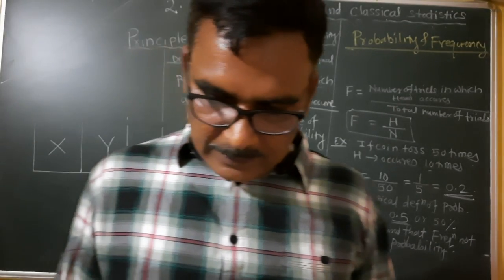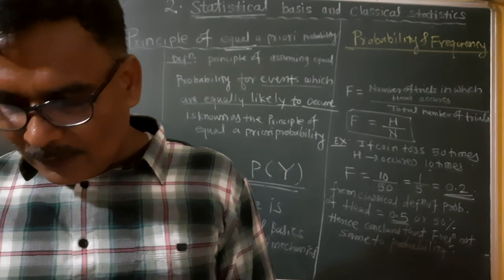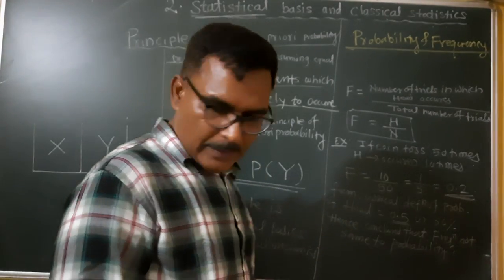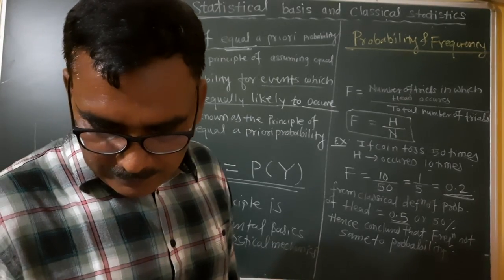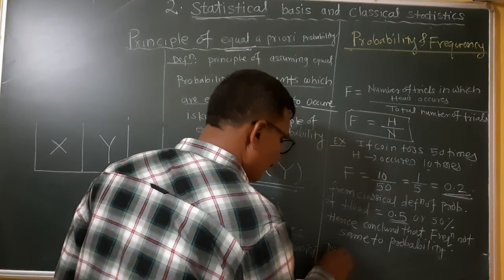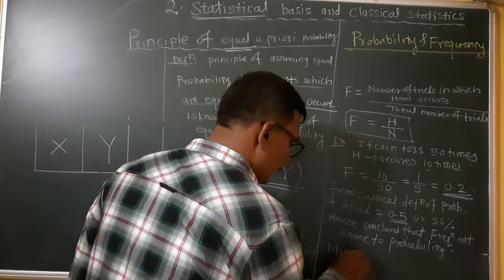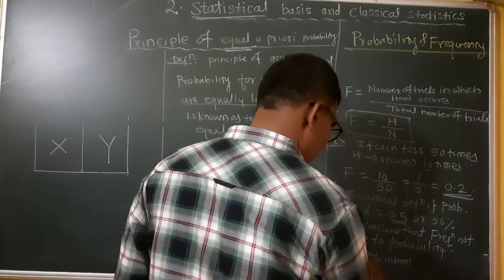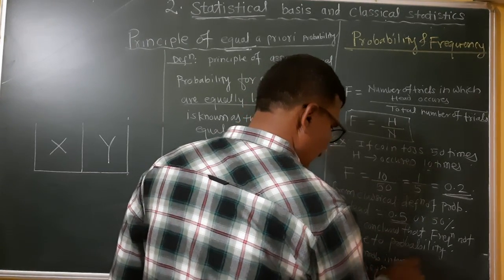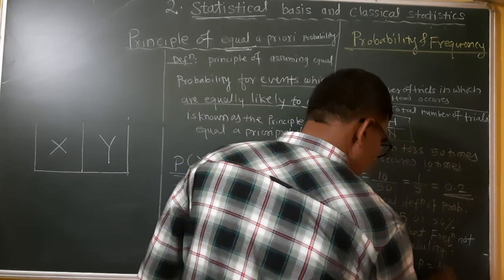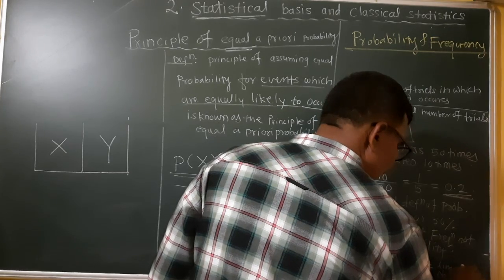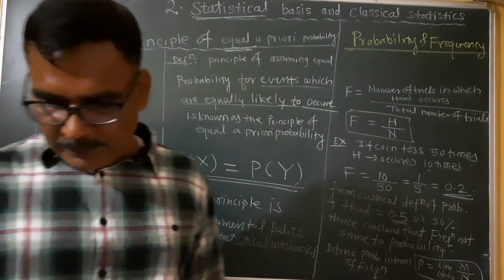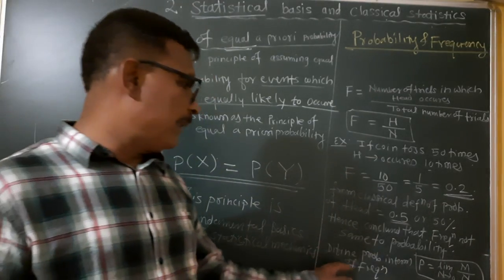As the number of trials increases, the frequency of event tends to stabilize and gradually approaches a constant value known as the probability of the event. We define probability in terms of frequency by this relation.